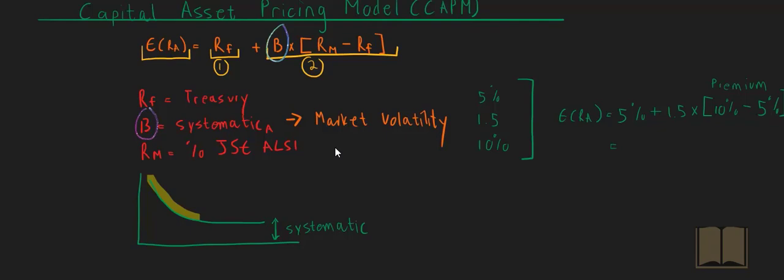Therefore, the expected return on asset A is the 5% plus 1.5, which is your beta, multiplied by the premium of 5%. So this gives you 5% plus 7.5%, and therefore the expected return of this asset is 12.5%.